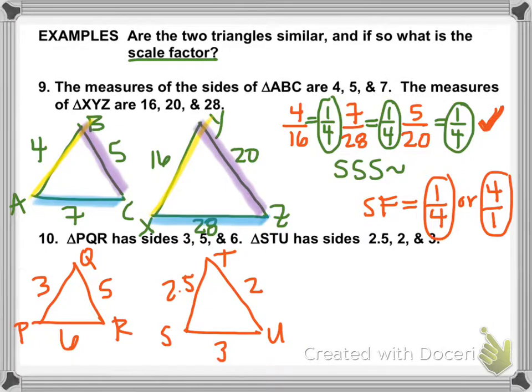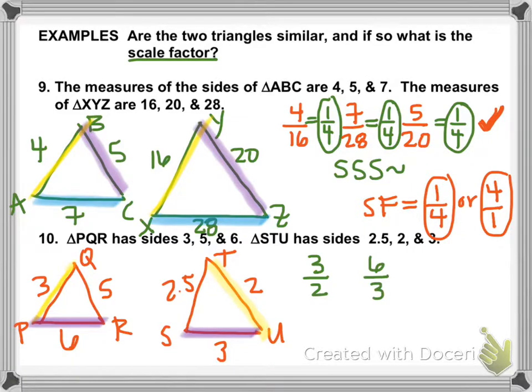Let's make some ratios with the sides. Let's start with our two smallest sides, which are 3 and 2. I'm going to do the bigger one over the smaller one, so 3 over 2. Our large sides are the 6 and the 3, so I'm going to make a ratio in the same way, 6 over 3.